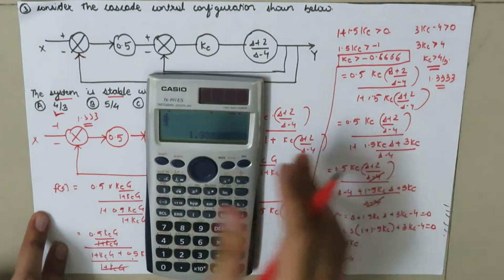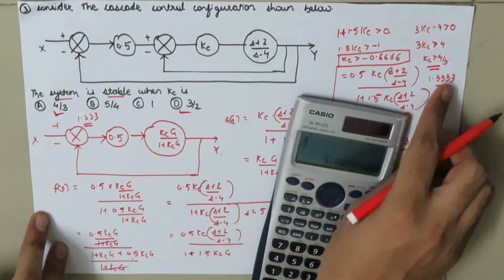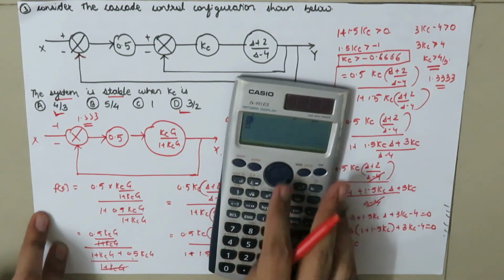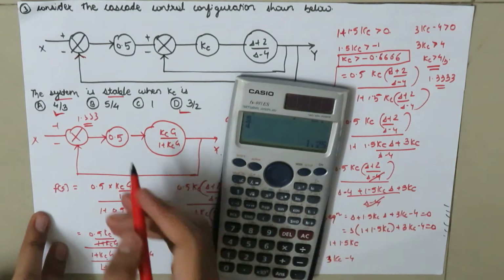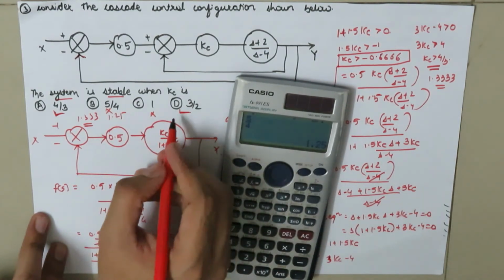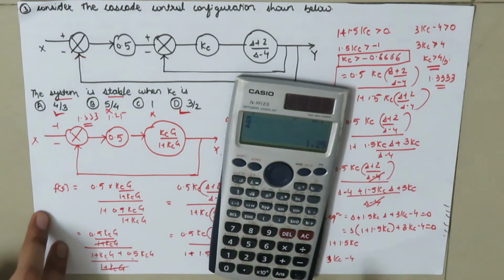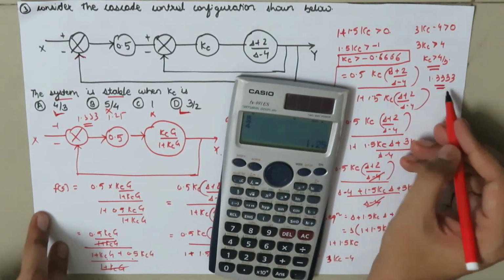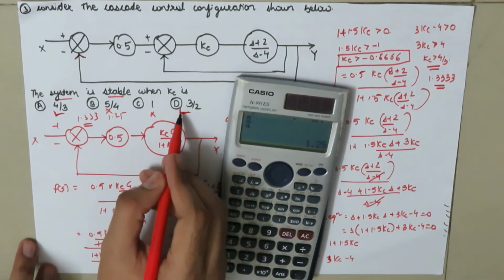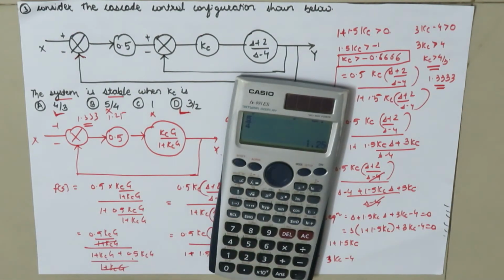The correct answer will be the one which is greater than 1.333. So 5 by 4 is equal to 1.25, so this is not the answer. This is also not the answer. So our correct option is 3 by 2, because it is greater than 1.333, so the system is stable when Kc is 3 by 2.